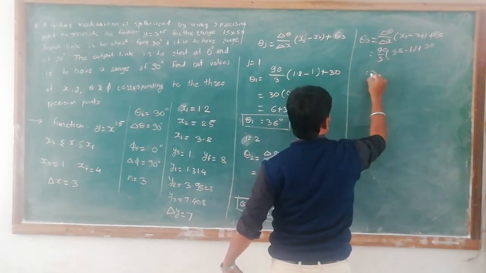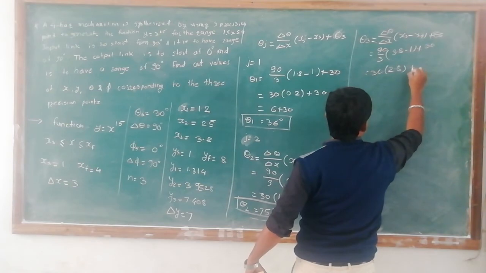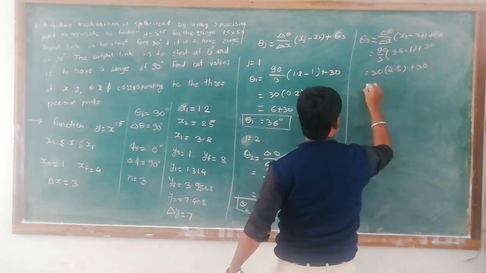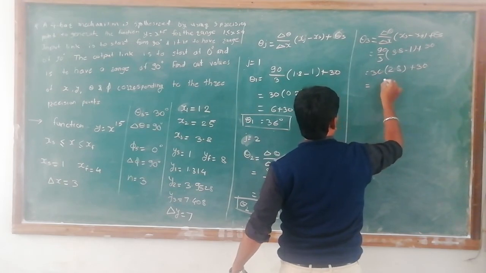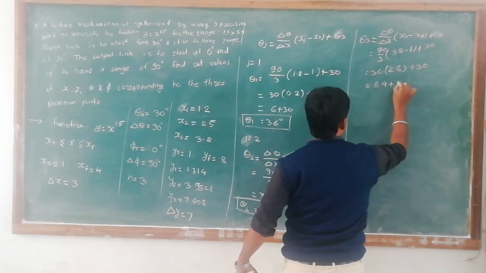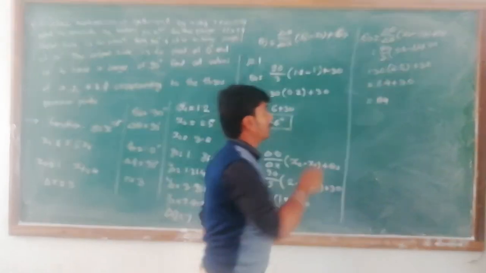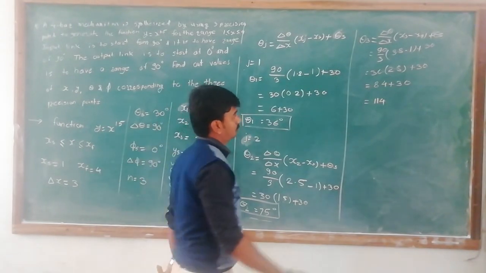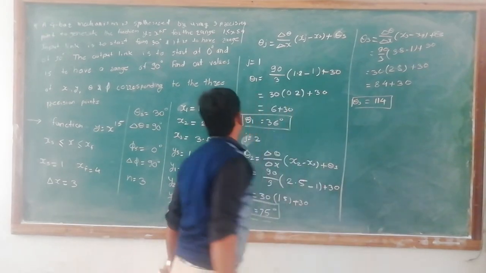So it is equal to 30 into 2.8 plus 30. Theta 3 is equal to 114.